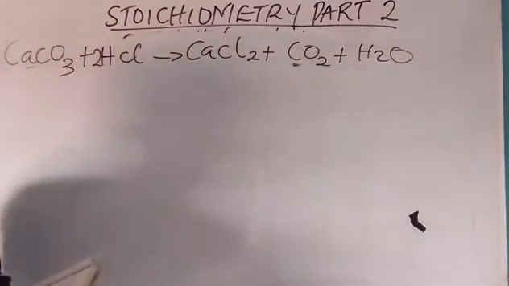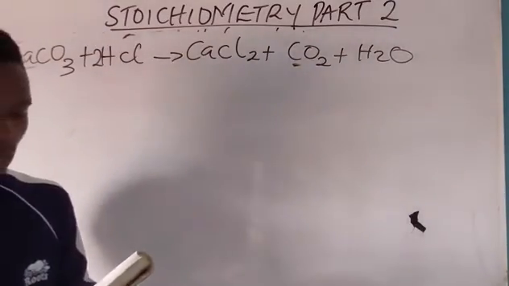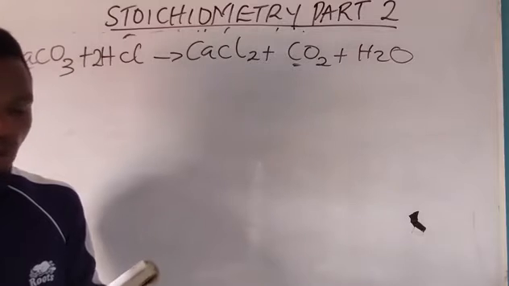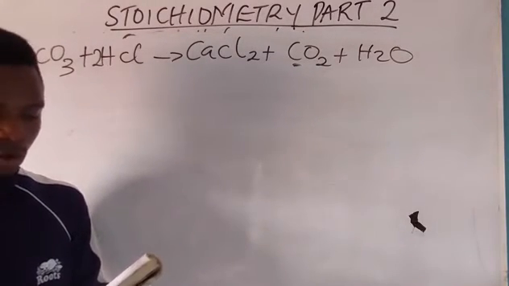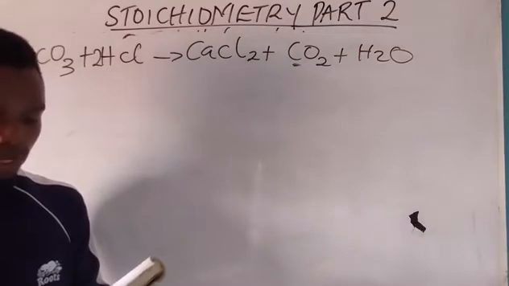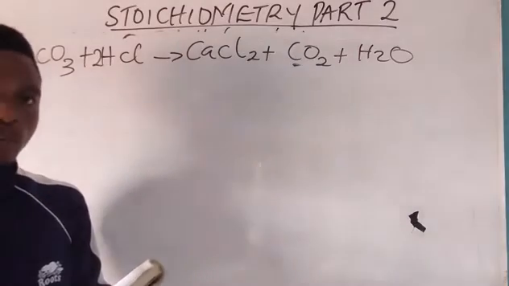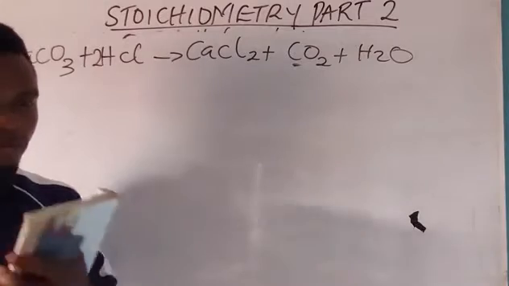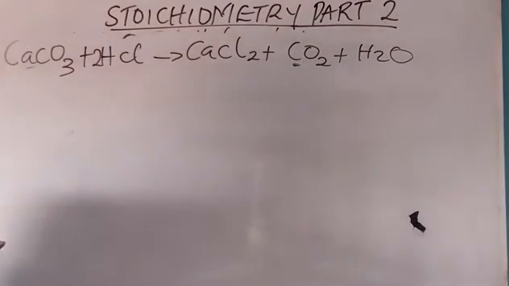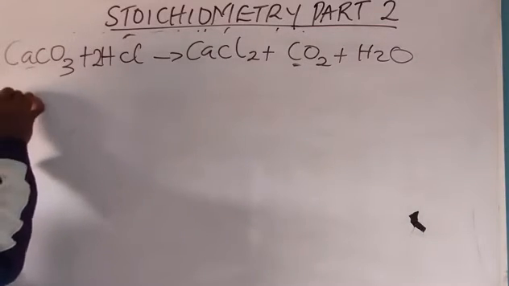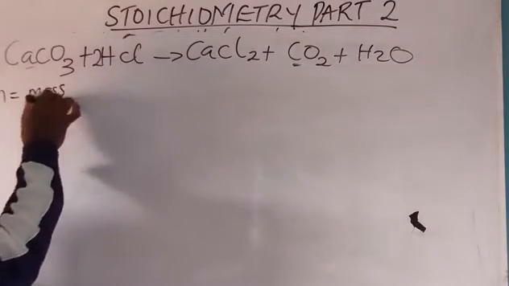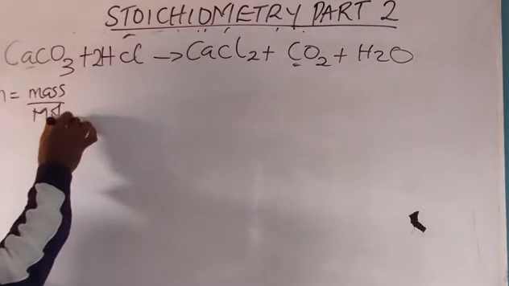I'll read the question again. The number of carbon IV oxide produced when 10.0 gram of CaCO3 is treated with 0.2 dm cube of 1 molar HCl. Don't forget, the number of moles equals mass over molar mass.